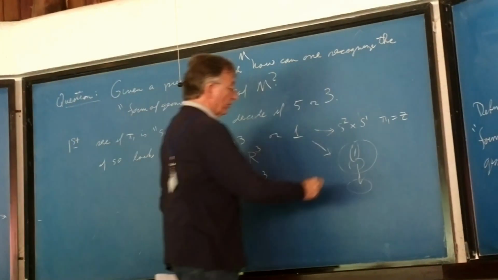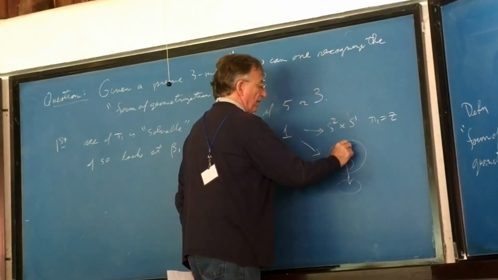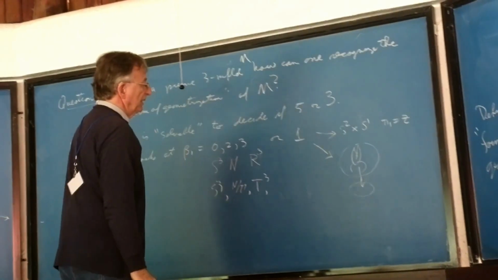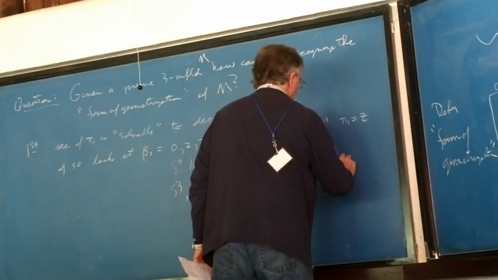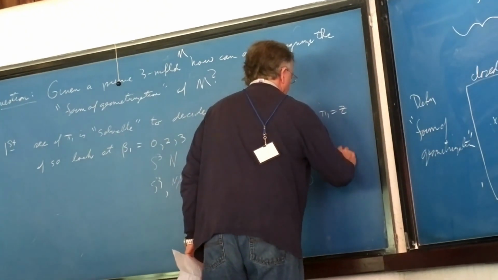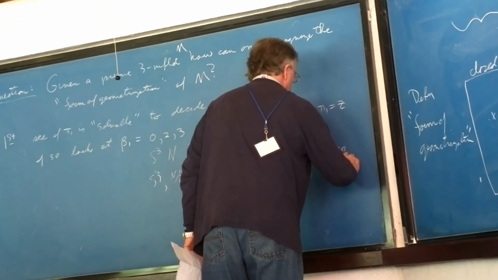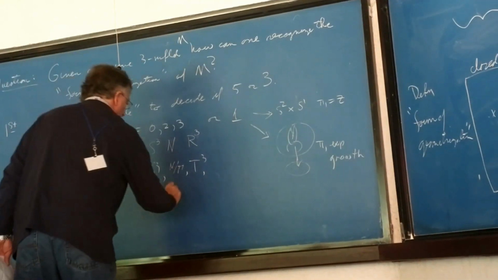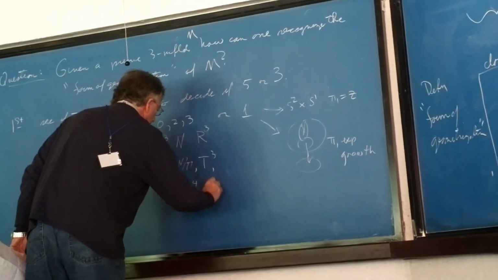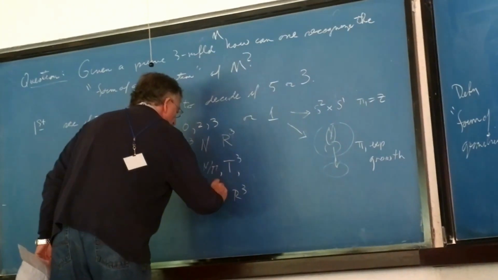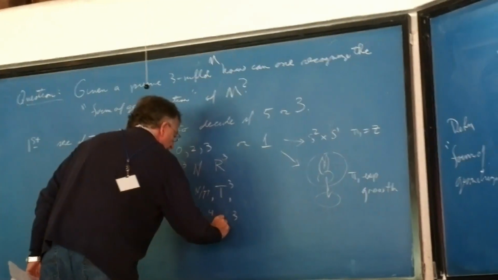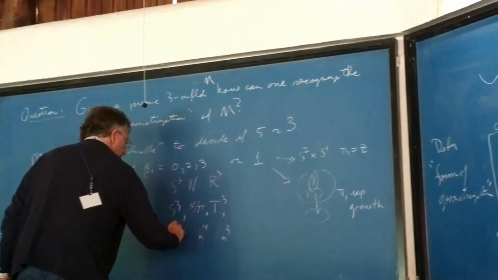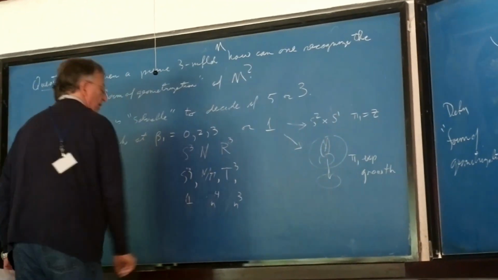So a mapping torus of an Anosov diffeomorphism. So this thing, the pi 1, has exponential growth. This has growth n to the 4th, n cubed, whatever.